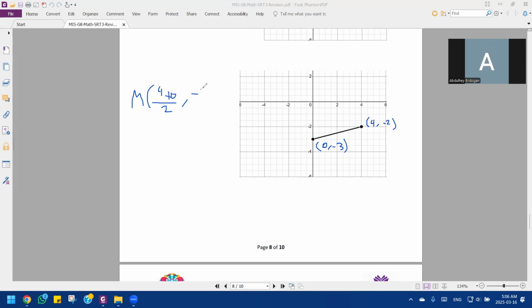Now the y value, -2, -3 over 2. 4 plus 0, 4 over 2, 2. Minus 3 minus 2 is minus 5 over 2, minus 2 and a half. So 2, minus 2 and a half is here.